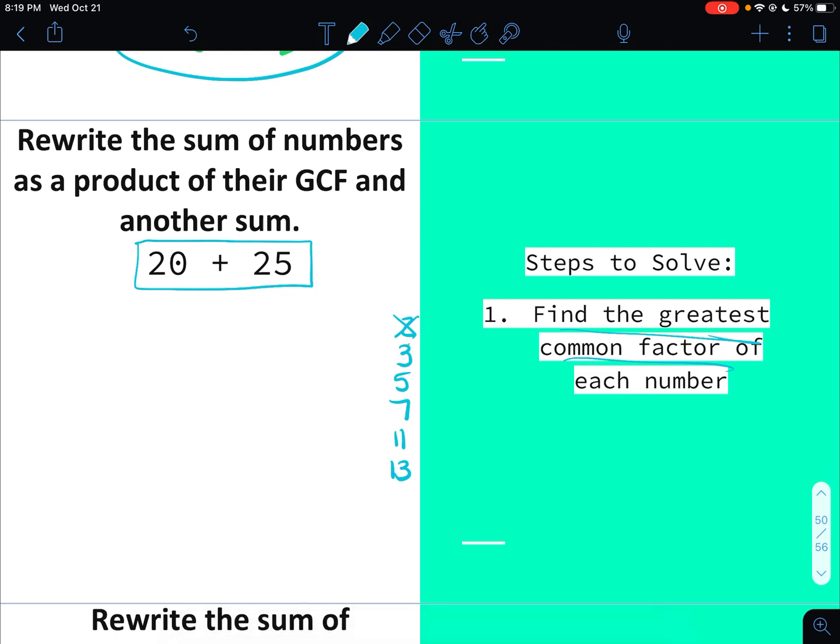Neither of them are divisible by 3. Oh, but they're divisible by 5. 20 divided by 5 is 4. 25 divided by 5 is 5. And then 4 and 5 do not have a common prime factor. So the greatest common factor is just 5.